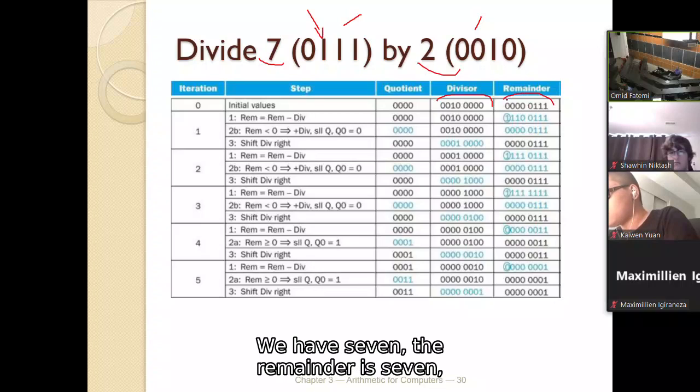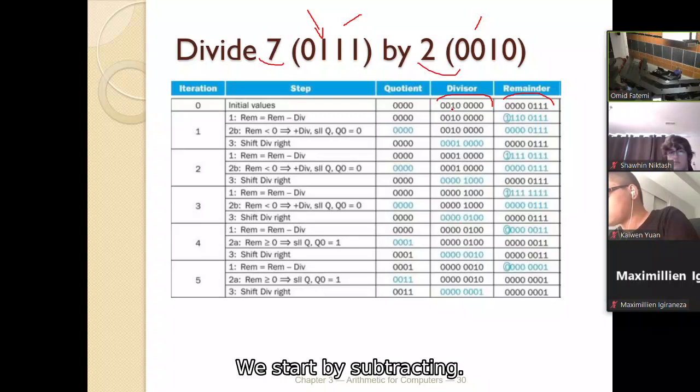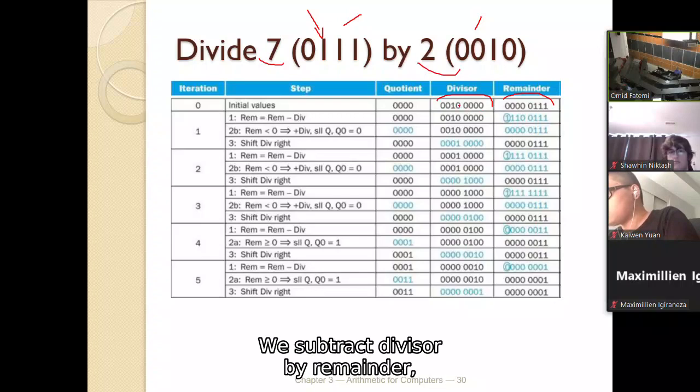So the remainder is 7. The divisor is 2 shifted 4 times. So this is the divisor. So what do we do? We start by subtracting. So we subtract divisor from remainder.